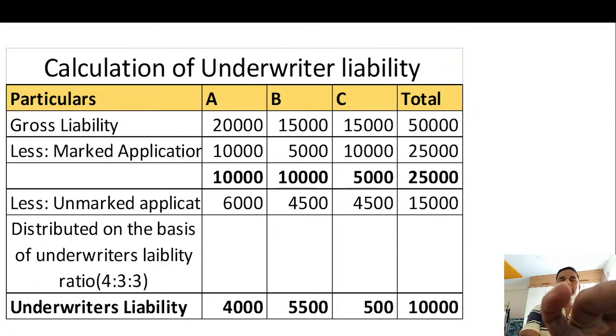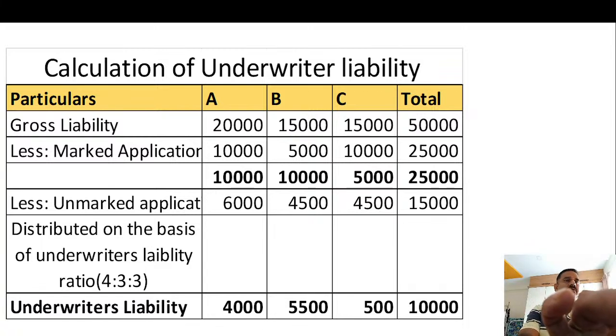How do you calculate them? Unmarked applications equal total applications received minus marked applications. Then unmarked applications should be distributed on the basis of the gross liability of the individual underwriters. That also you should remember.